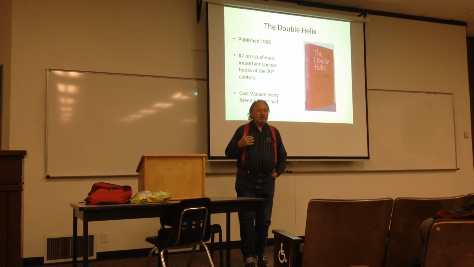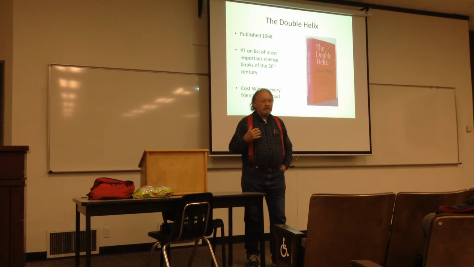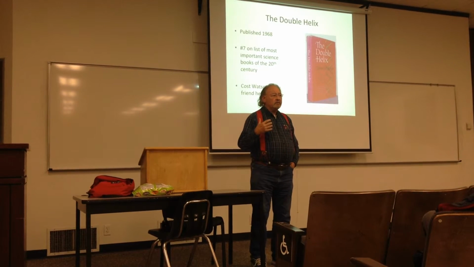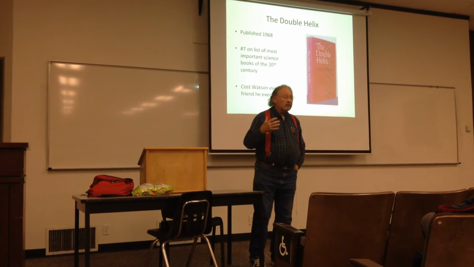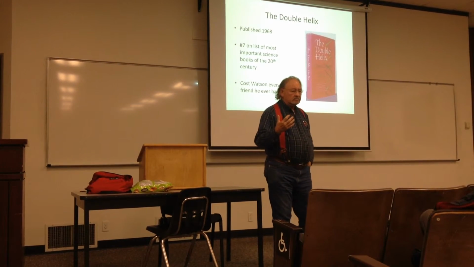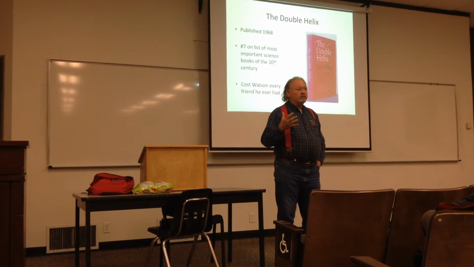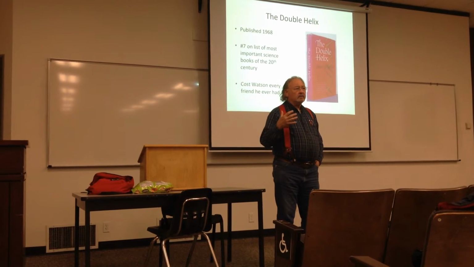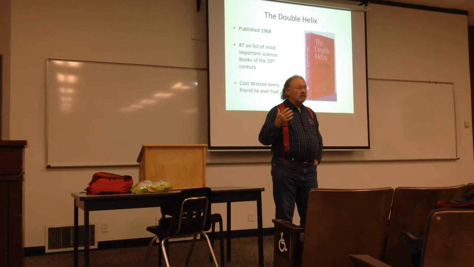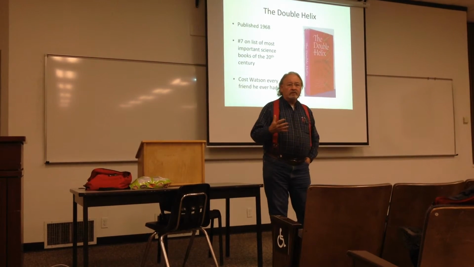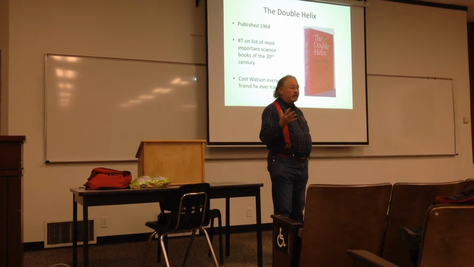Anyway, the book cost Watson every friend he ever had because he was very blunt about what he thought. Instead of being a little suave, he just said what he thought. The first sentence in the book is, "I have never seen Francis Crick in a modest mood." And that sort of started the whole thing off as losing every friend he ever had.